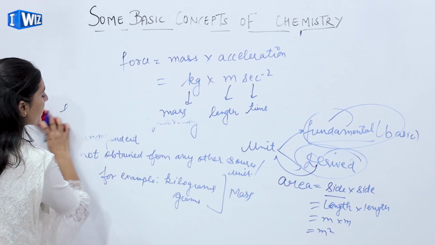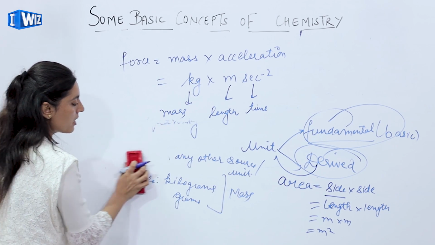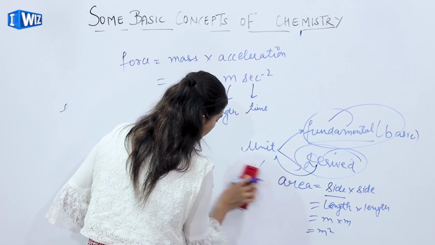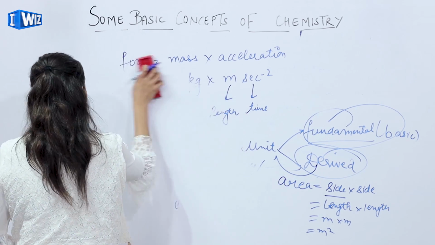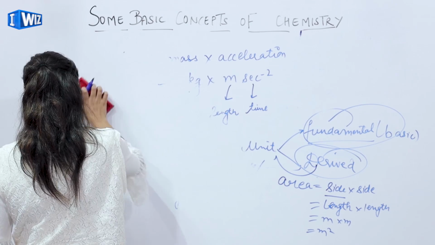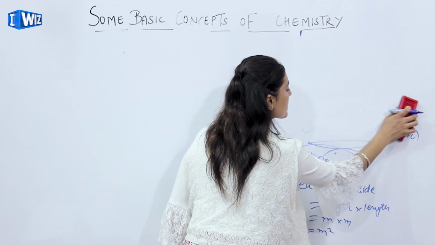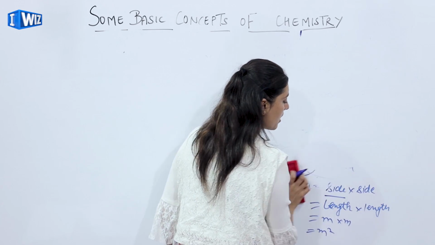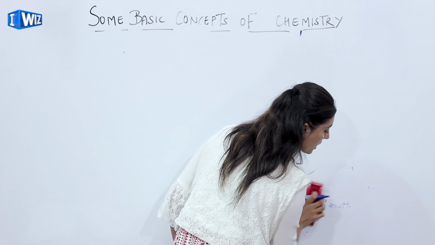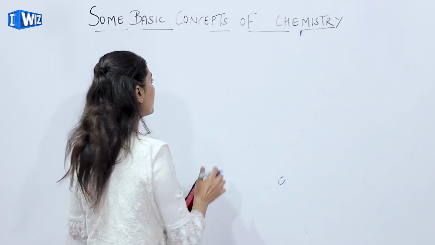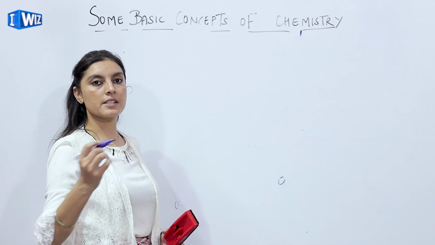Further, we have the different systems of units that are basic, or we could say standard in itself. For example, SI, which is the System Internationale. It has been derived from the French phrase which means International System.